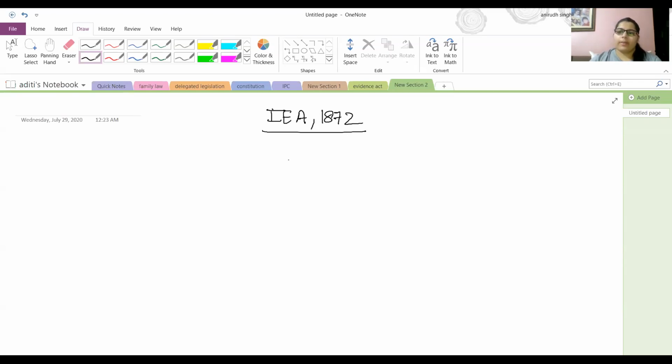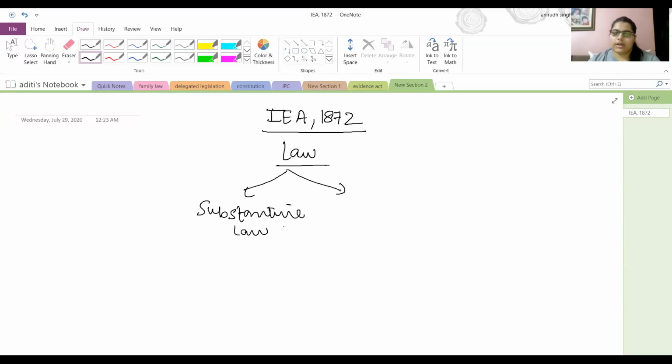When we talk about procedural law or substantive law, let's basically understand what these two terms mean. Law is of two kinds: first is substantive law, and second is procedural law.